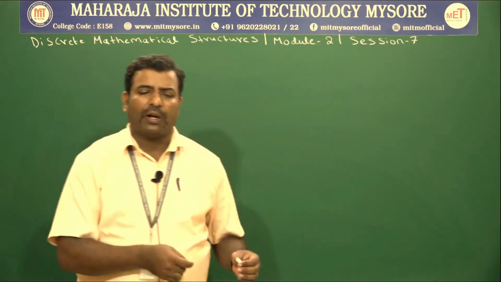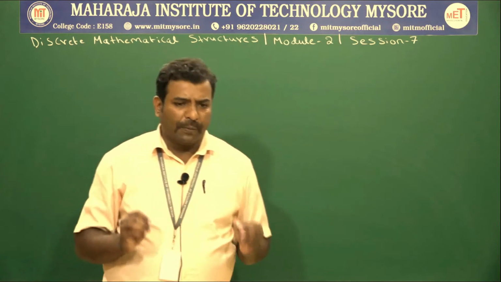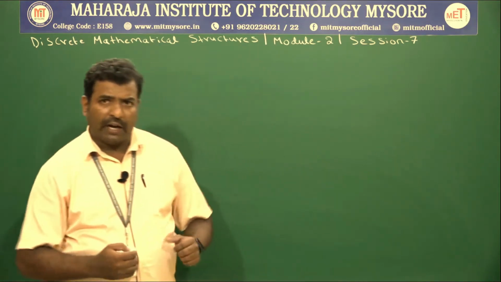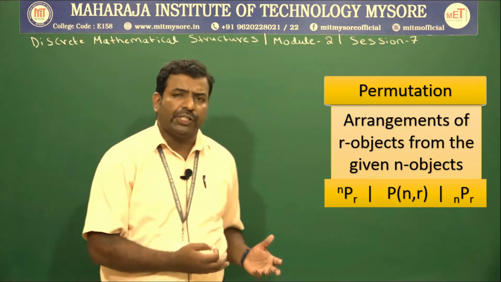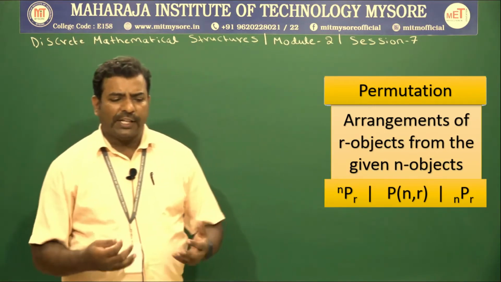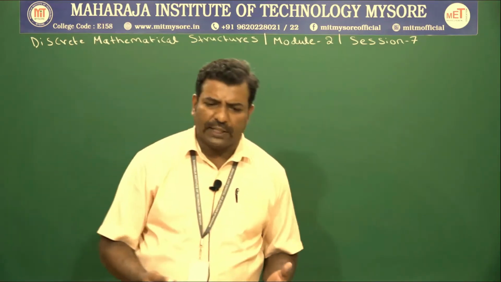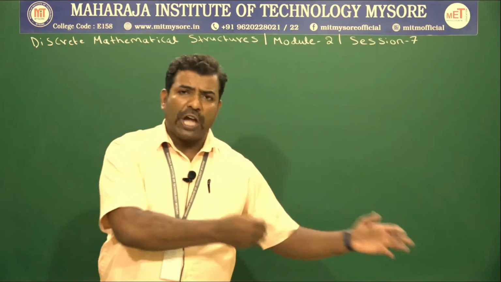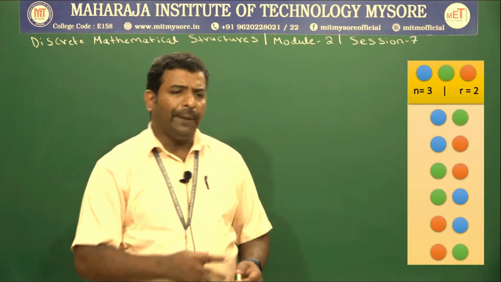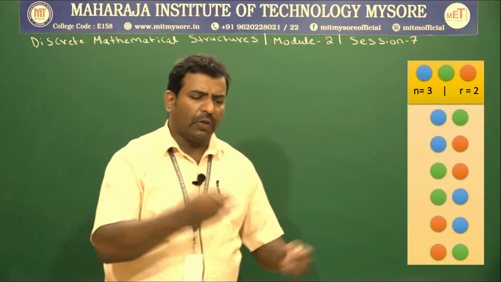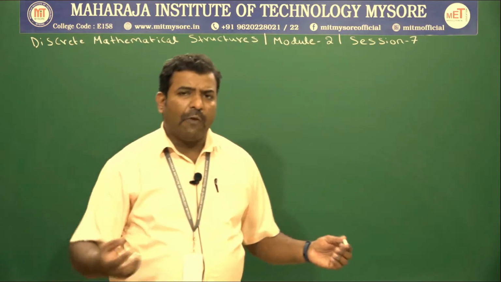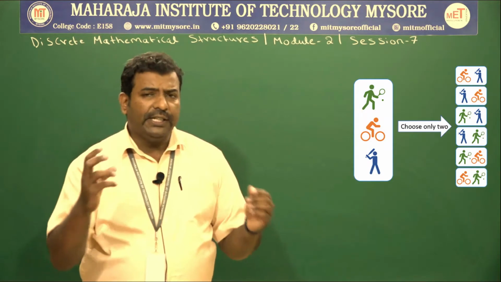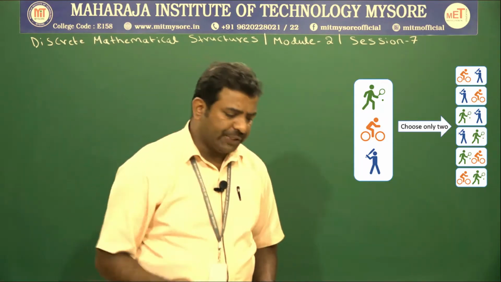We discussed what permutation is, and I told you permutation is something where I have n objects and you need to pick r objects. When I want to find how many arrangements I can make, listen to the word I'm using: arrangements.